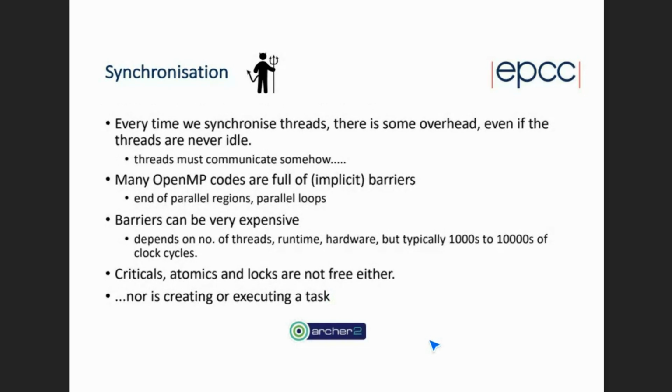Okay, next one is synchronization. Every time we synchronize threads, there's going to be some overhead, even if the threads are never idle. So even if all the threads arrive at the barrier at the same time, or threads are using a critical section but never contending or waiting, there's still some overhead associated with actually executing that synchronization construct.